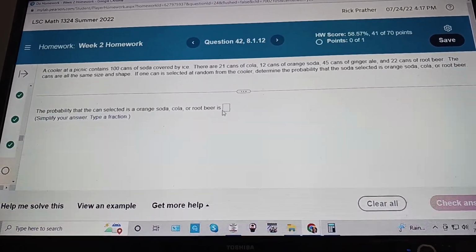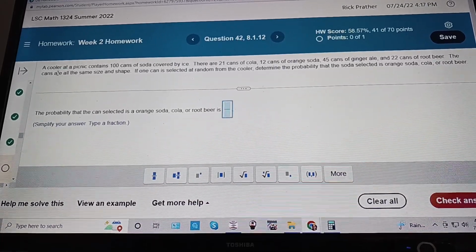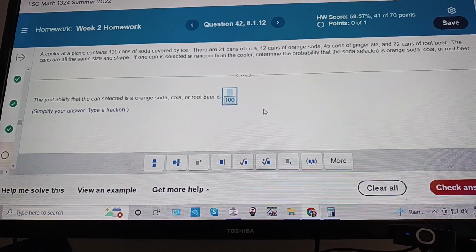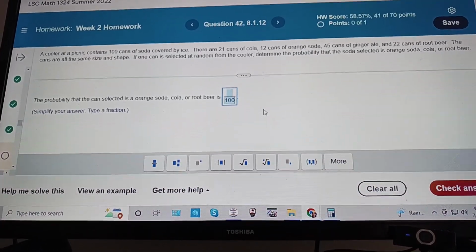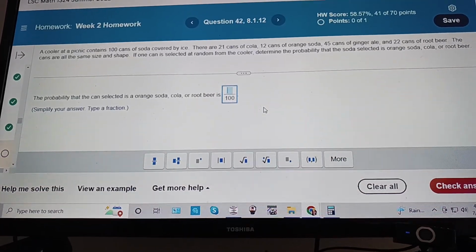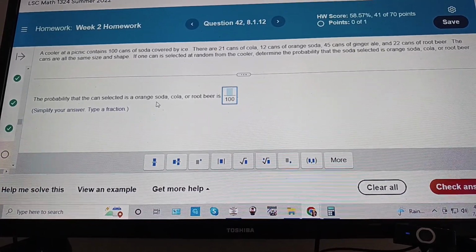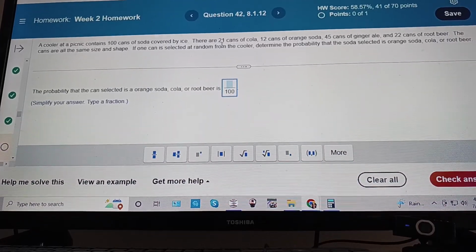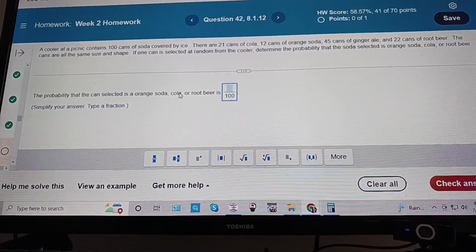And I usually do the total first. So if there's 100 cans of soda in an ice chest, then you got 100 for your total no matter what. I always get the total out of the way. And now I start going back and looking for what's good for me. Good things for me are orange soda, colas, or root beers. We just count all those up. There's 21 colas.